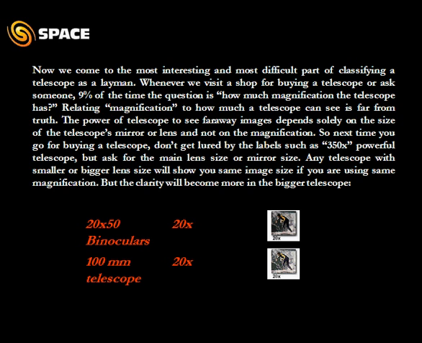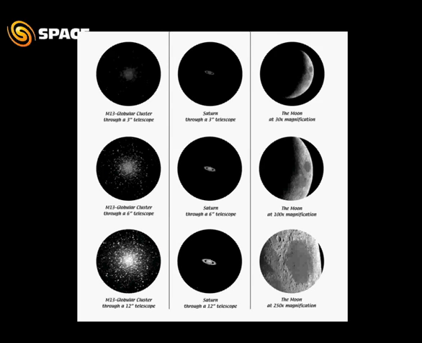Now here we have some of the objects which one can see with a 3-inch telescope. You can see the M13 globular cluster as a fuzzy patch, but if you see it through a 6-inch telescope, then it will become clearer, and if you see it through a 12-inch, then you can see the individual stars there. Same is the case with Saturn. With the 3-inch it looks like a blob with ears around it.